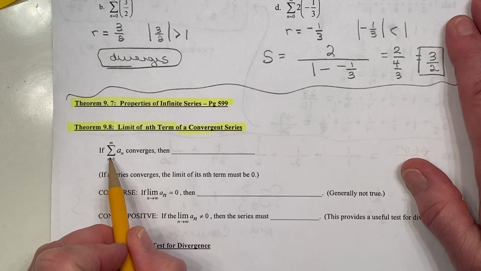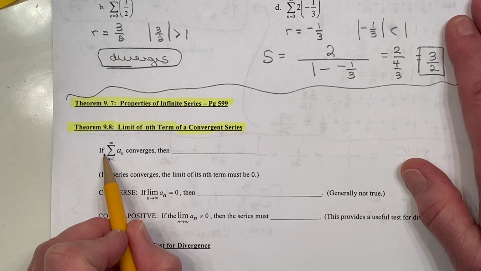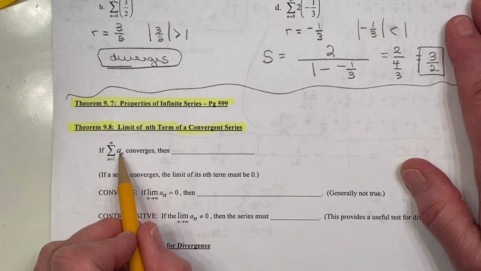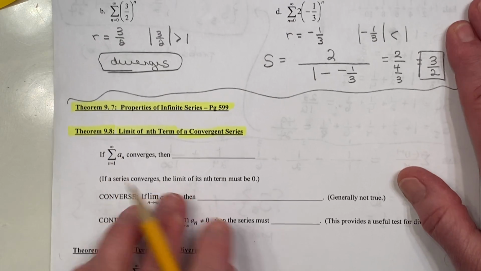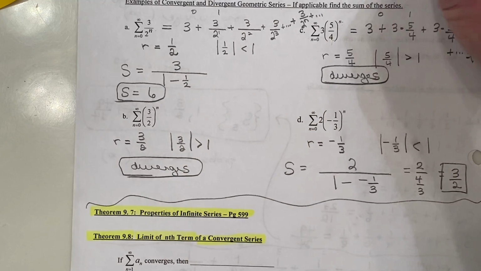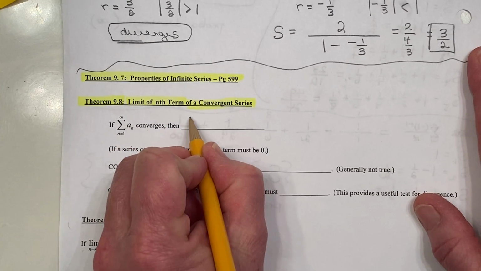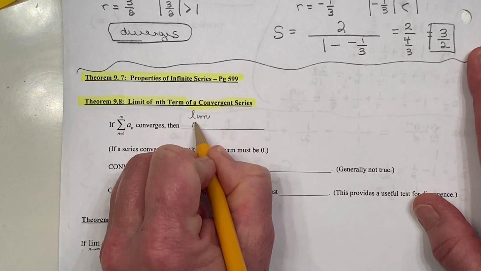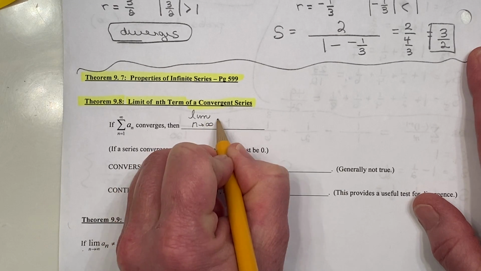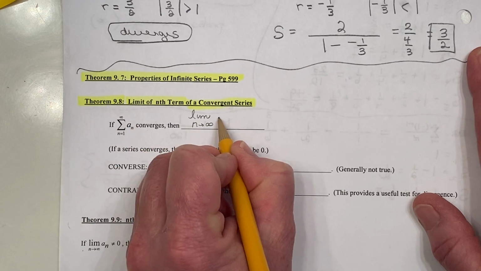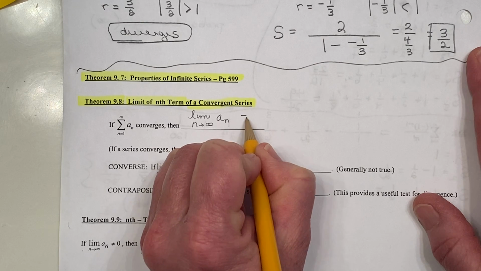If the series created by the sigma notation converges, as we saw a couple of them did right here, then it has to be true that the limit as n goes to infinity of a sub n, those terms, is approaching 0.